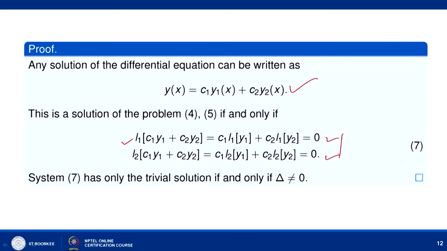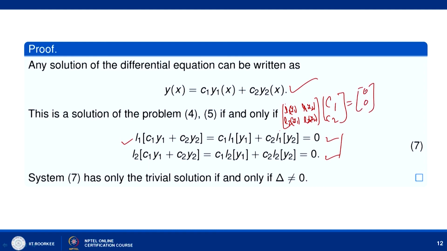Let me write this equation. It is like Ax equal to b. Here we have C1, C2, and the matrix with L1 y1, L1 y2, L2 y1, L2 y2, and on the right 0, 0.